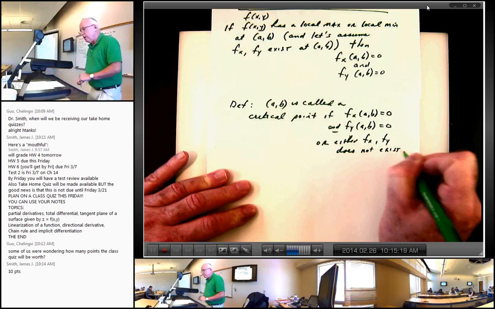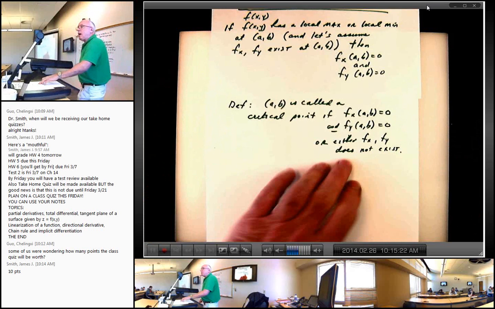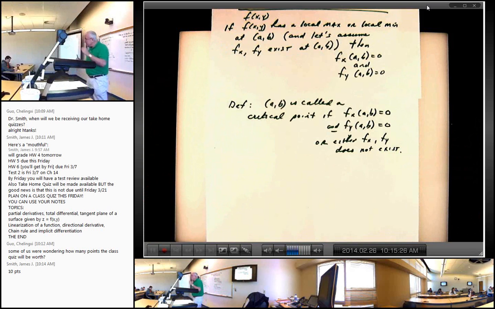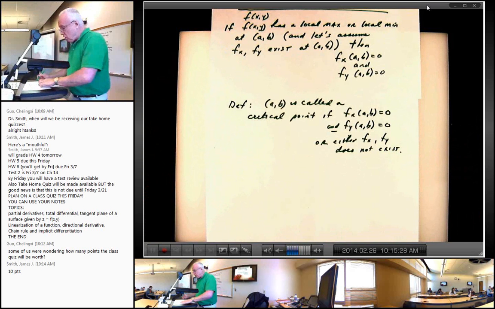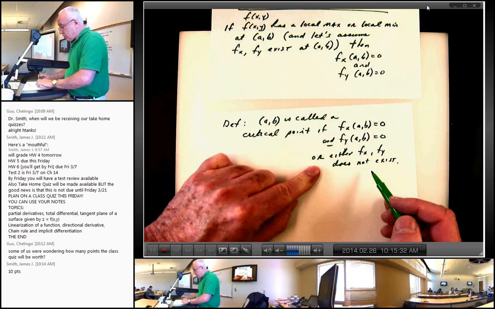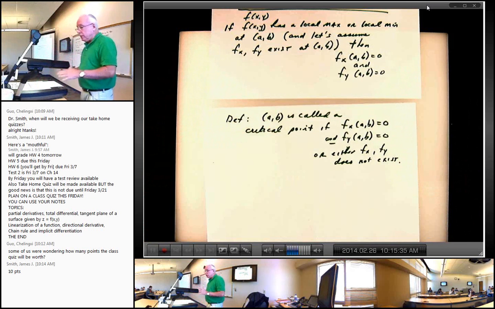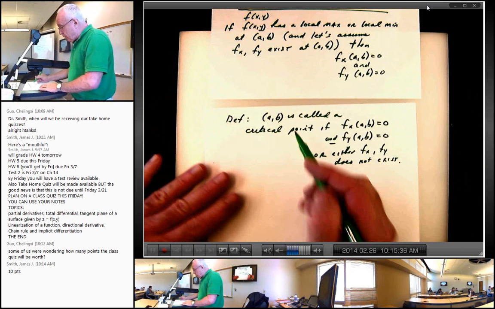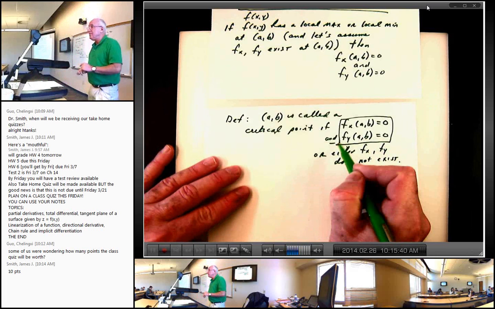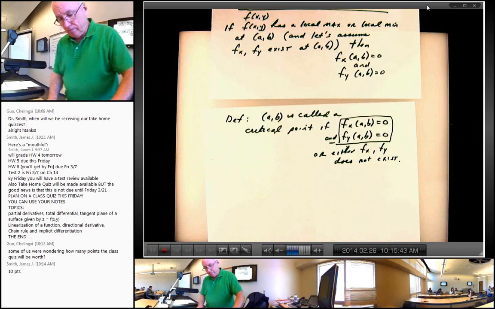Okay. Now, frankly, for the types of functions that we're looking at, we're not going to have this situation where the partial derivatives don't exist. So really, what we're focusing on here is that at a critical point, both of the two partial derivatives equal 0. Okay. All right.